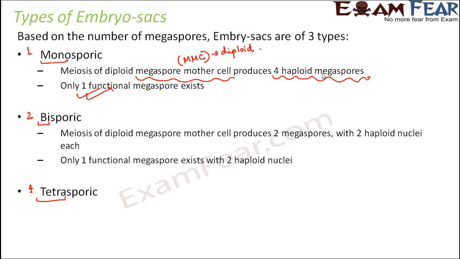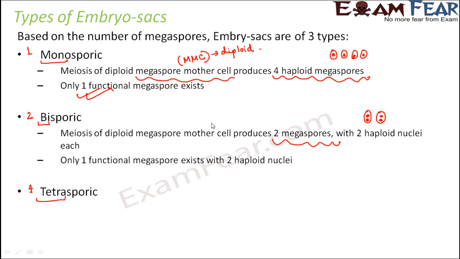In the earlier case, 4 haploid megaspores with 1 nucleus each were formed, but in this case, 2 megaspores are formed, each of them having 2 haploid nuclei.